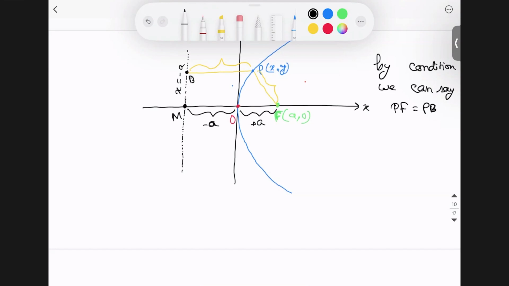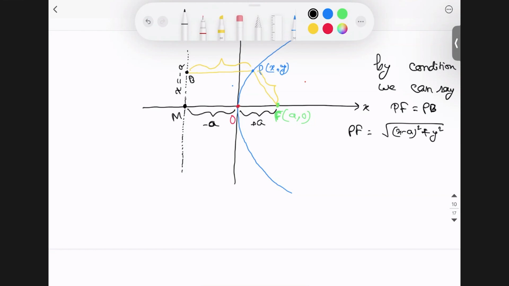Now, what is PF? PF represents the distance from (a, 0) to (x, y). So PF equals the square root of (x minus a) whole squared plus y squared. And what about PB?